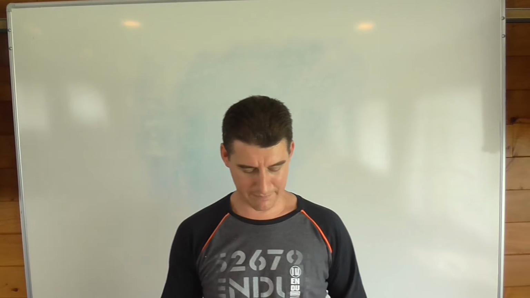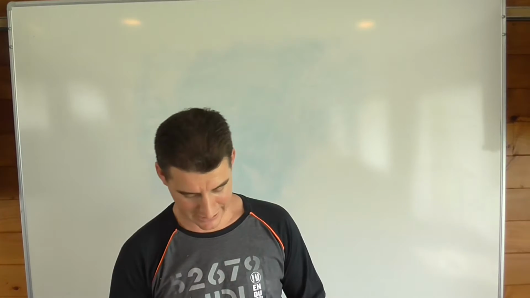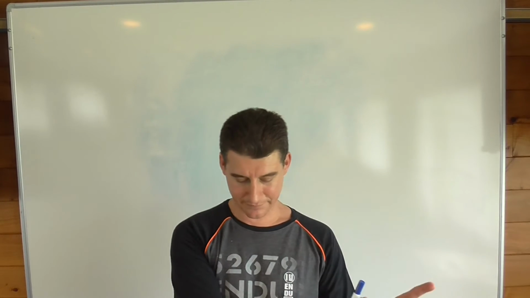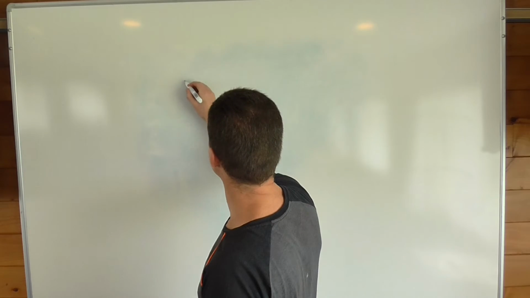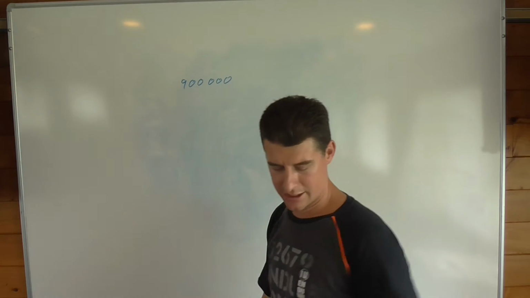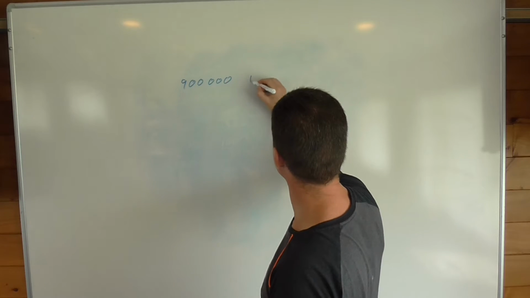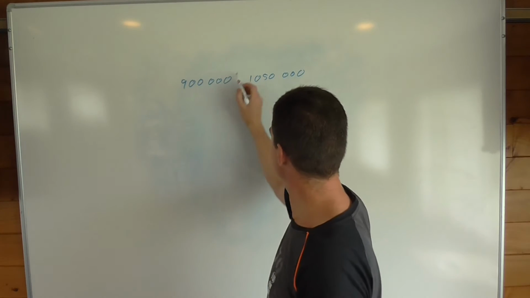So they want to know the percentage increase in sales. How can you calculate the percentage increase from the one year to the other? Okay. So first of all, they give us the first year, it's 900,000. And then the second year, it's 1,050,000.